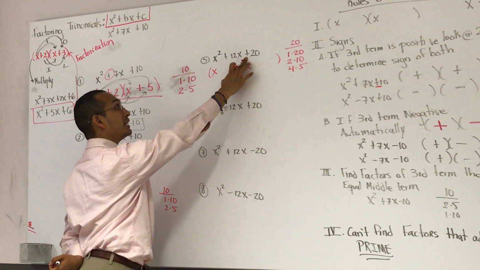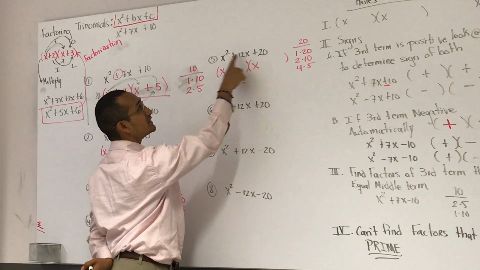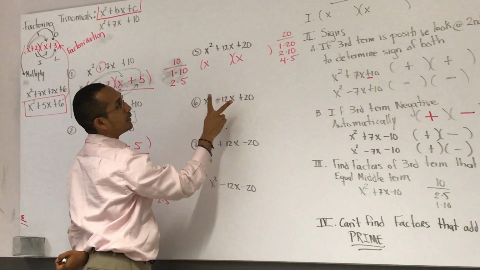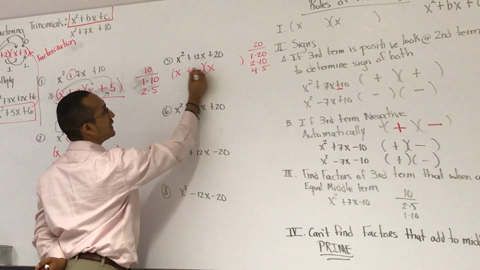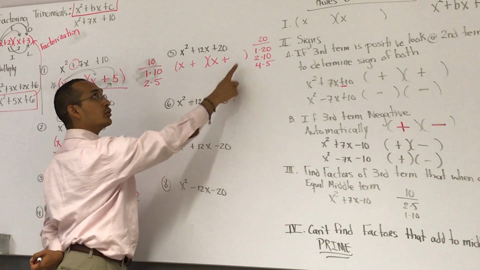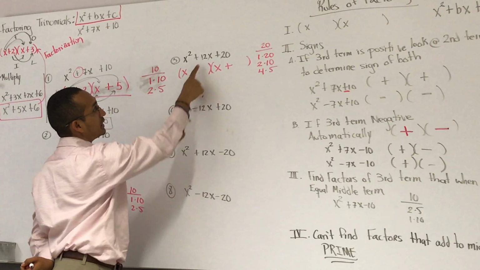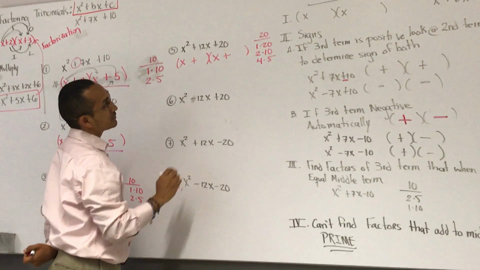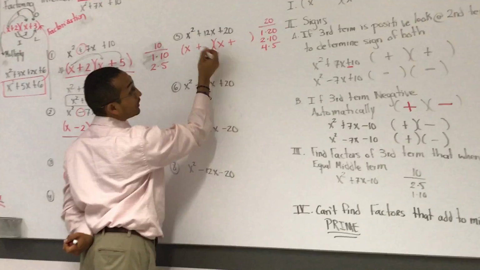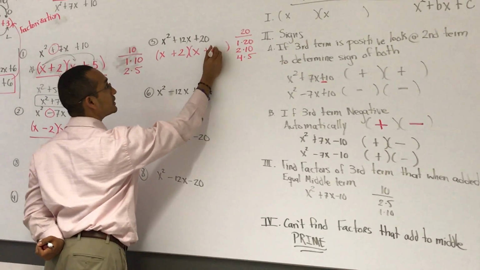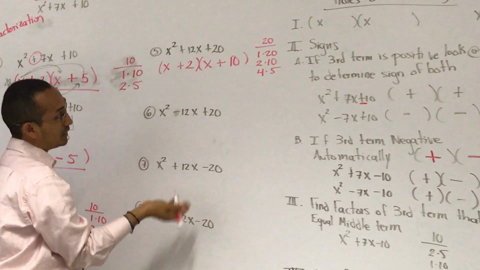This is positive. Since the third term is positive, you look at the second sign to determine the sign of both. So in this case, both are positive. Now, which of these guys, when added together, give you positive 12? 2 and 10. 2 and 10, right? So in this case, it really doesn't matter where you put them, but sometimes later on, it will.